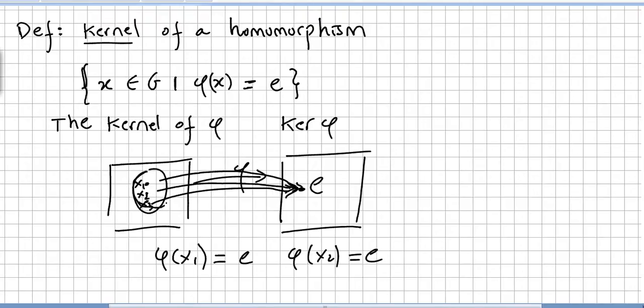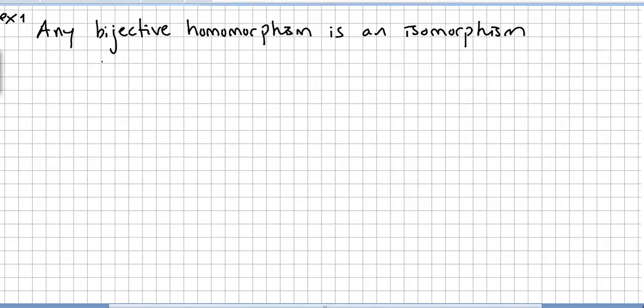So all these elements here, the image is the identity. So the set of the elements where the image is the identity is the kernel of the homomorphism.